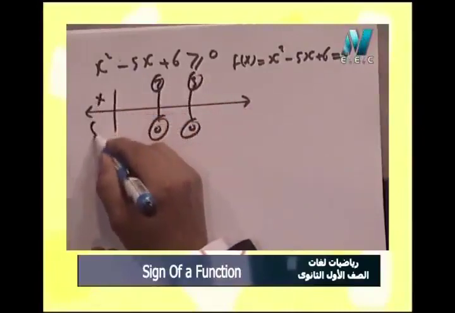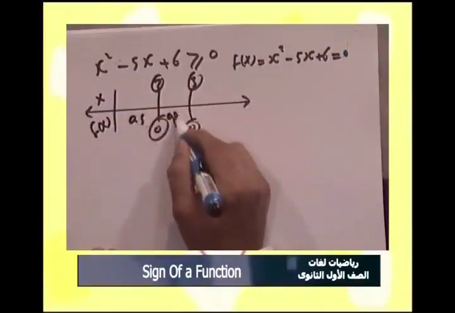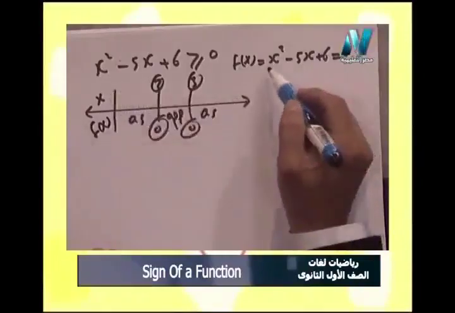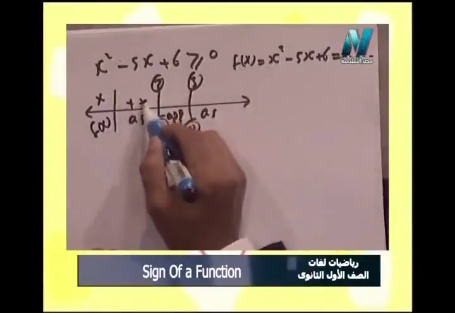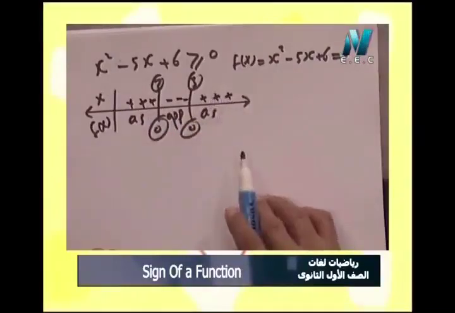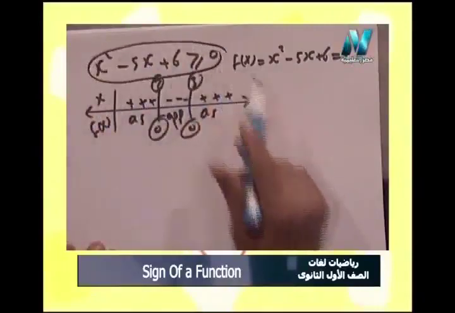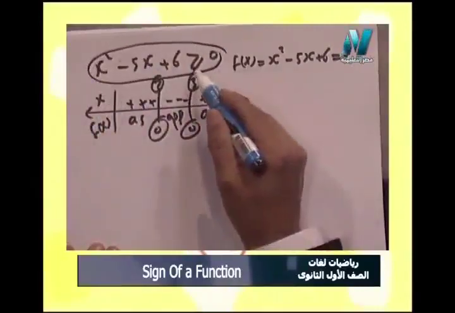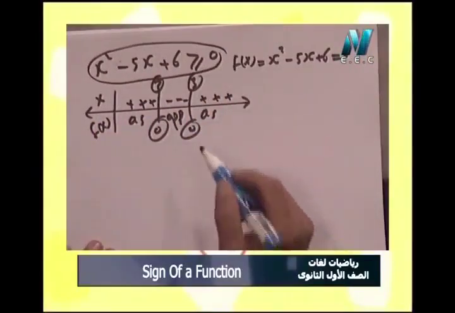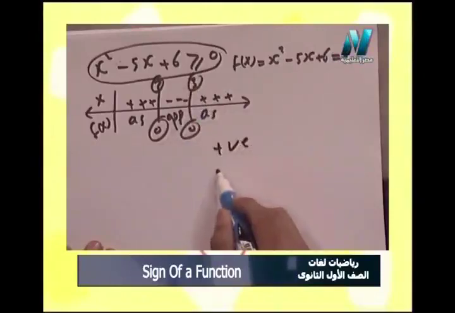This is x and f(x). It is as here, opposite, as. So the coefficient of x power 2 is positive, so it's positive here, negative there, and positive here. So we would like to solve this inequality. This inequality talks about greater than or equal to 0. So we would like to find when it is greater than 0, the positive, and when it's equal to 0.